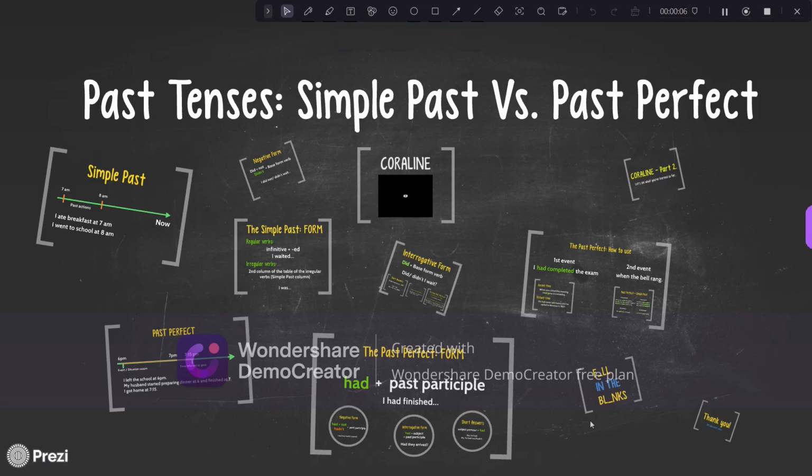Good morning, everyone. Today we will talk about important tenses, which are simple past and past perfect. These rules will be tackled in Unit 2 in our book for 11th graders.